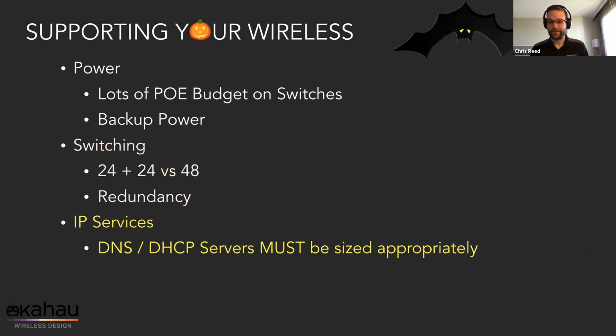Not only will they rate limit you when they hit a certain limit, but you're adding additional latency to the customer, because you're waiting to go all the way out to Google to get a response for DNS. You need local DNS caching. You need DHCP services, preferably off of dedicated servers, and it has to be sized for the venue. Don't just think that your switch can do it.